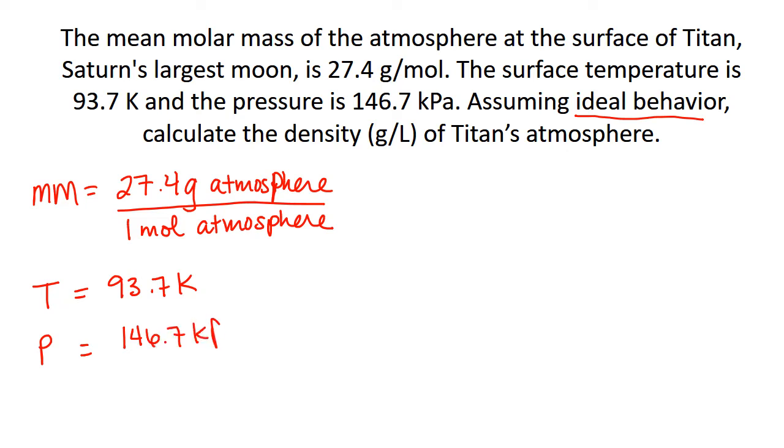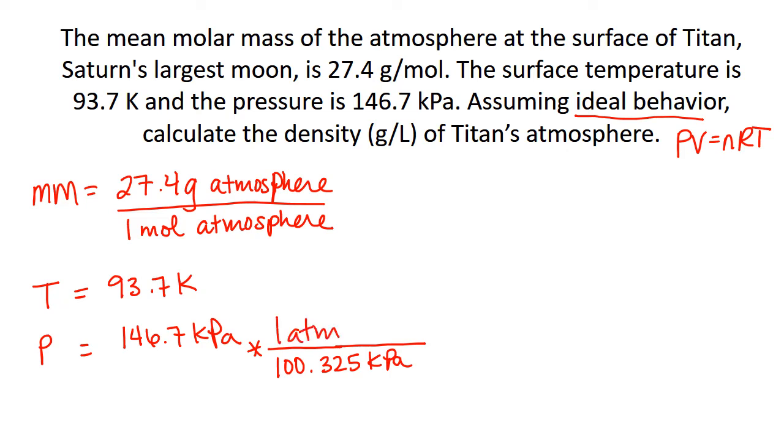Okay, and I know that I'm going to use the ideal gas law, because we're assuming ideal behavior, so PV equals nRT. I'm going to have to get the right units. So right away, I'm going to convert my kilopascals into atmospheres. I know 101.325 kilopascals, and I looked this value up, you do not have to have this memorized, equals 1 atmosphere.